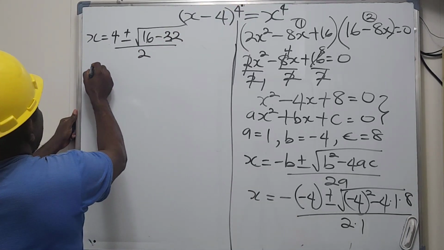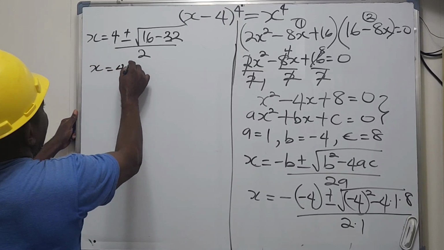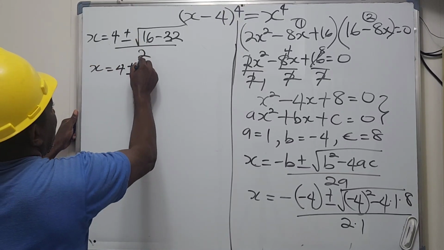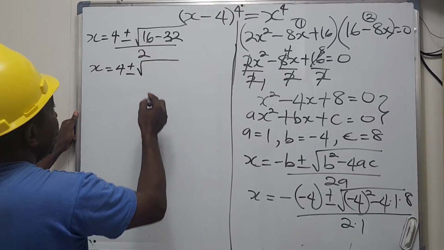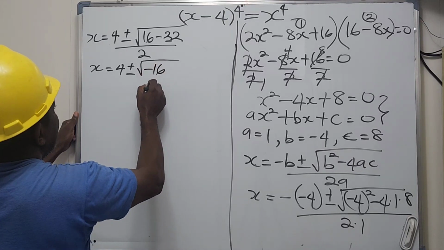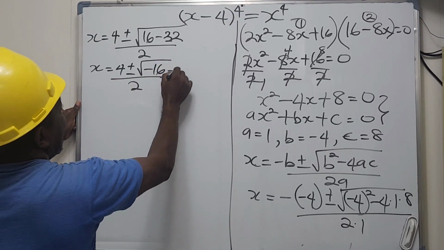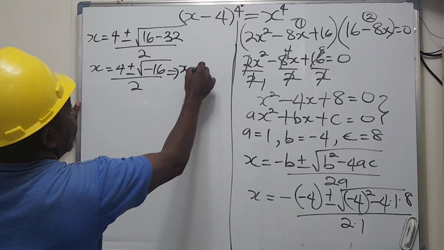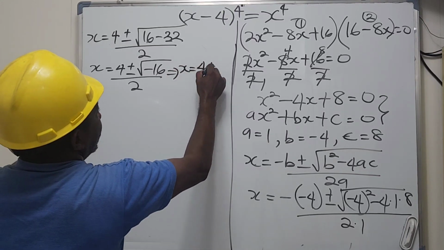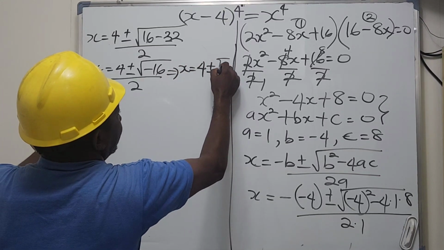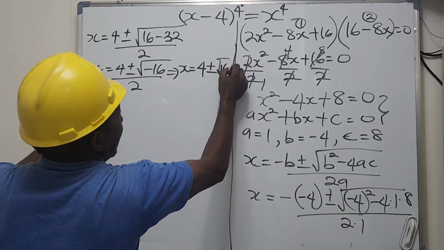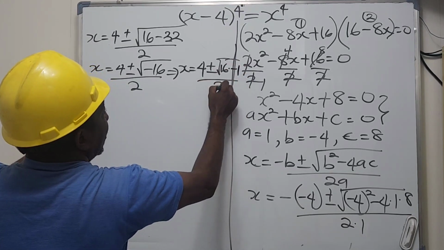So here will be x equals to 4 plus or minus square root of 16 minus 32 will become minus 16 all over 2. So this will give us x equals to 4 plus or minus square root of 16 times minus 1 all over 2.